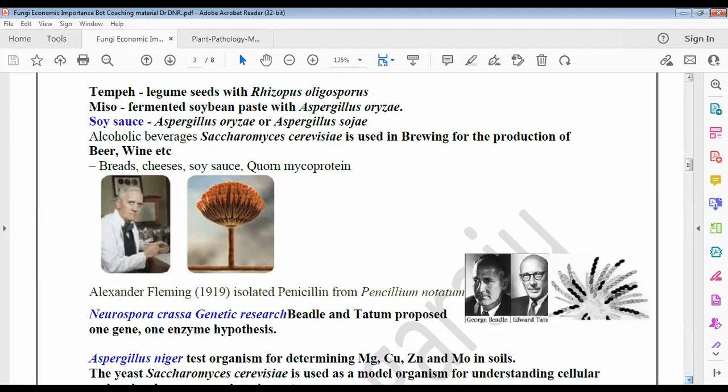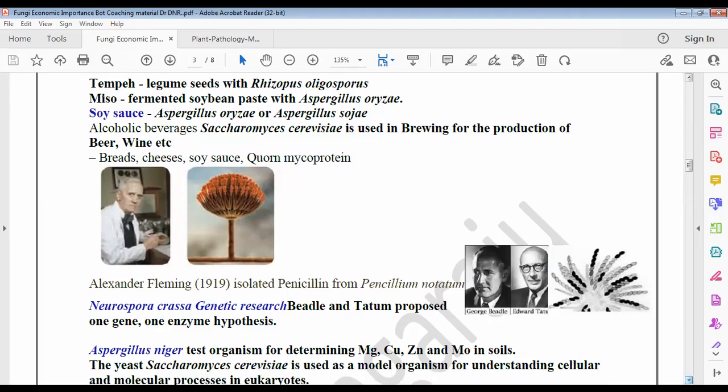You know, another fungus that we use in genetic research: Beadle and Tatum's one gene, one enzyme, one gene, one protein theory, proposed by Beadle and Tatum using the fungus Neurospora crassa.